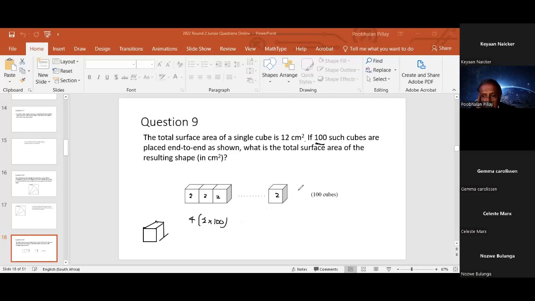And then you still need to add these 2 guys on the side here, which we haven't added. The other ones, they're all sealed together. They're placed like this. So they don't form part of the surface, but the ends form the surface. And so there's another 2 here, and there's a 2 on that side. So that gives you plus 2 plus 2. That gives you 804. So that's the total surface area of this shape.